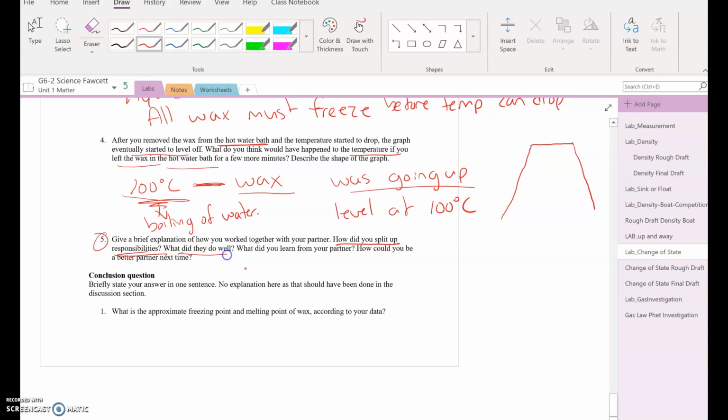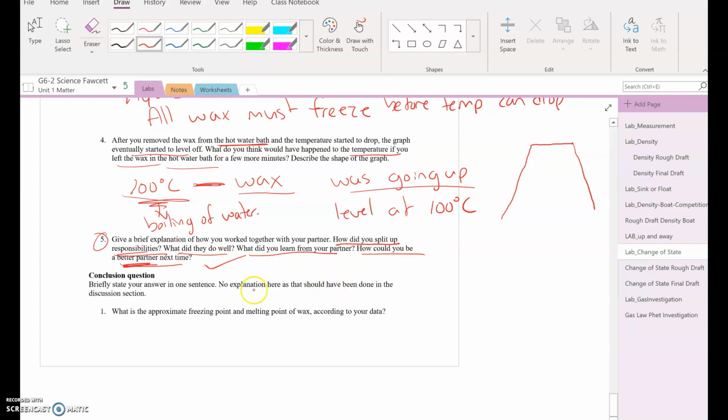And then talk about who did what parts well, and what did you learn from your partner, and what might you do better to be a better partner and help out your group more next time. So there's actually 4 separate questions here for you to answer, and as long as you go through and answer each of those questions, then you should be good for that one.